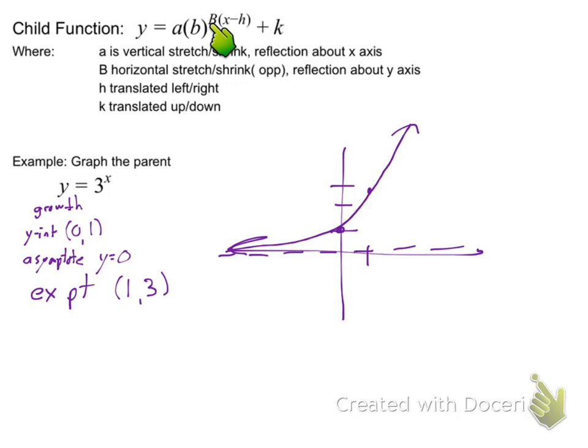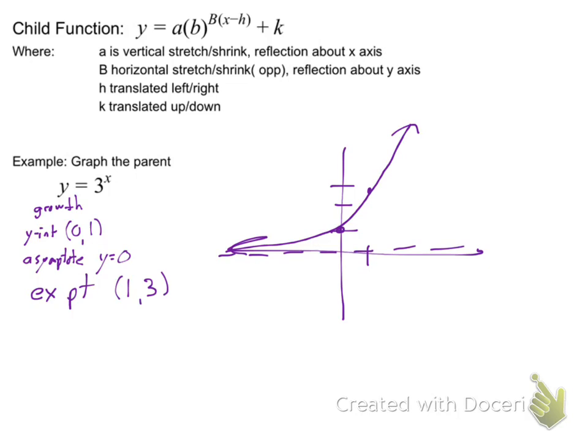Big B is your horizontal stretching and shrinking. A is your vertical stretch or shrink. And it also talks about the reflection about the x-axis. Remember, if it's negative, it flips and turns upside down, right? That's reflected about the x-axis.